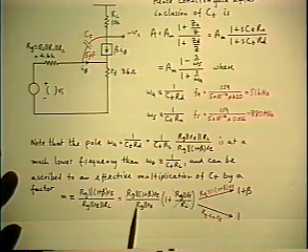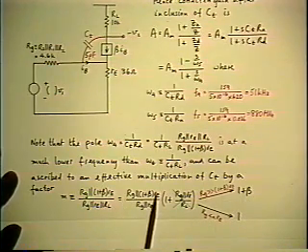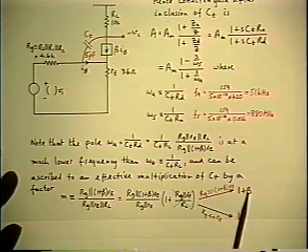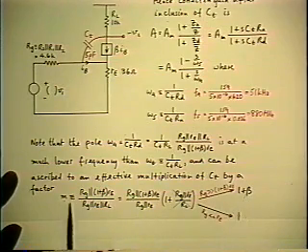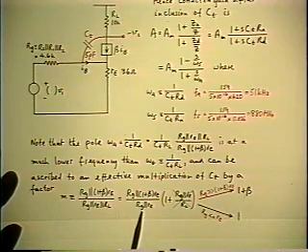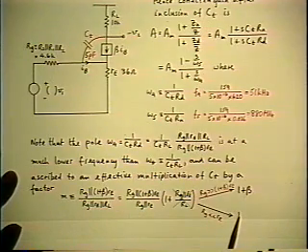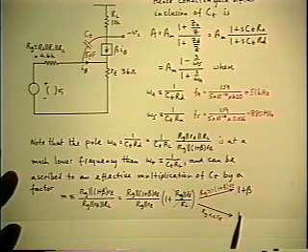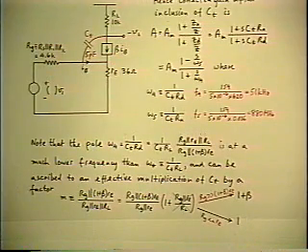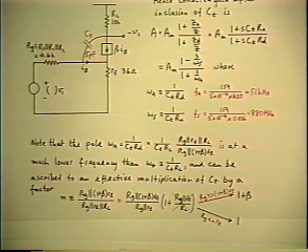Because if RG is large, its paralleling effect goes away, the RE cancels, you're left with 1 plus beta. At the other extreme, if RG vanishes, the ratio goes to 1. So the multiplier can have a large range of values depending on the value of the source resistance.